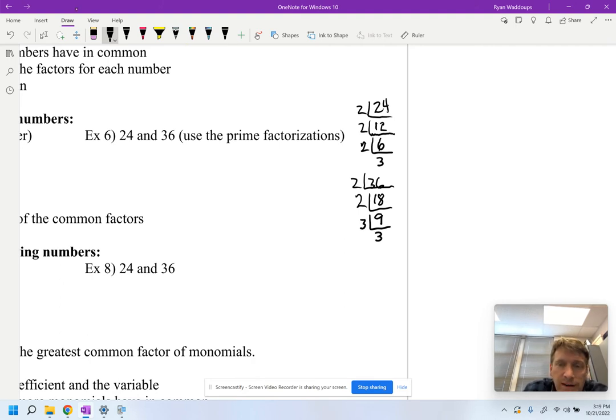So the prime factors that they have in common, they have 2 2's, and 1 3 is what they have in common.